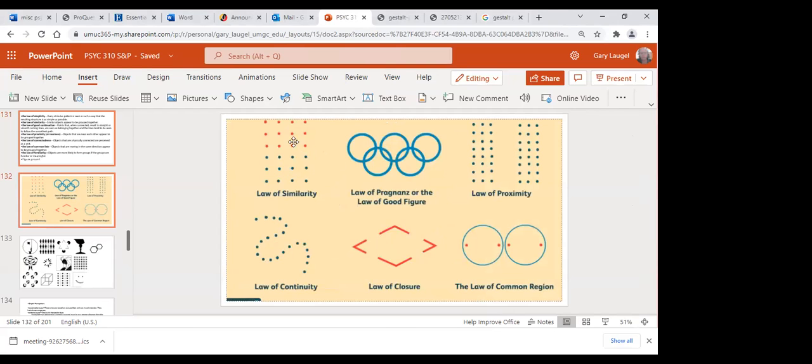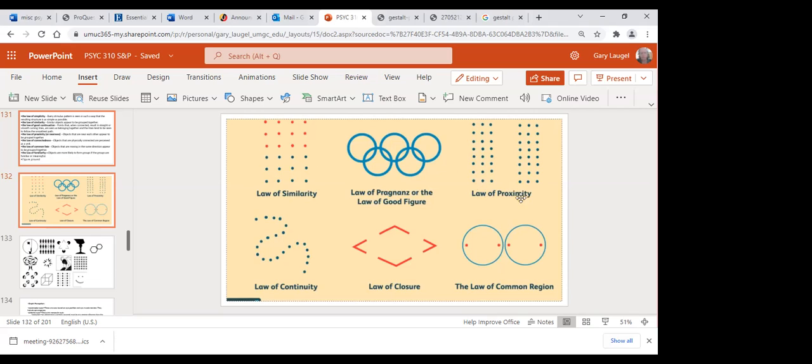Law of similarity here. You may see two groups of dots, a red group and a black group, or a green group, right? Like the jerseys that players on a football team wear. One of the teams is wearing brown and the other is wearing blue. It's easy to determine which is which.